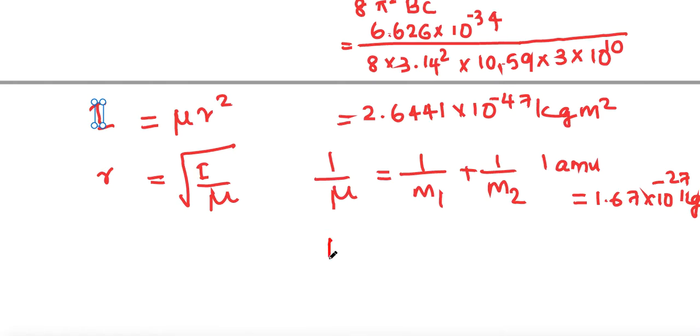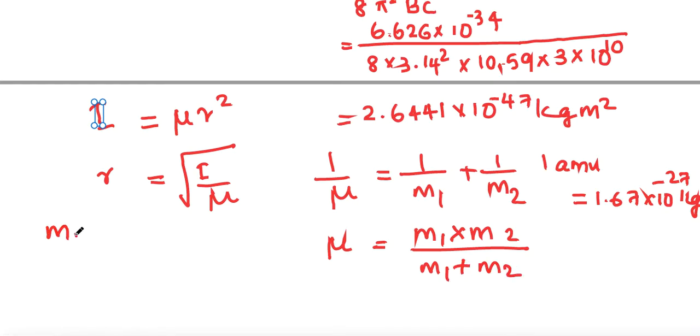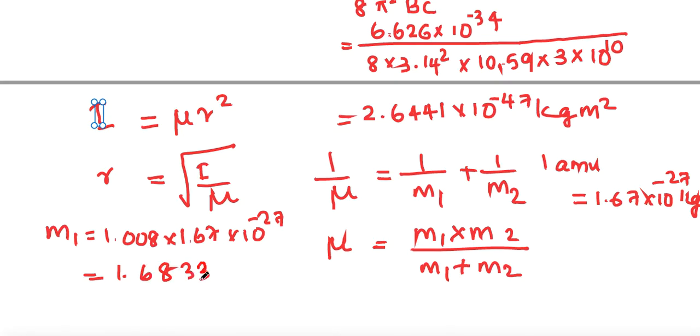So from this, mu is equal to m1 into m2 divided by m1 plus m2. So we can find out m1. m1 is equal to 1.008 into 1.67 into 10 raised to minus 27. So that becomes 1.68336 into 10 raised to minus 27 kilogram.